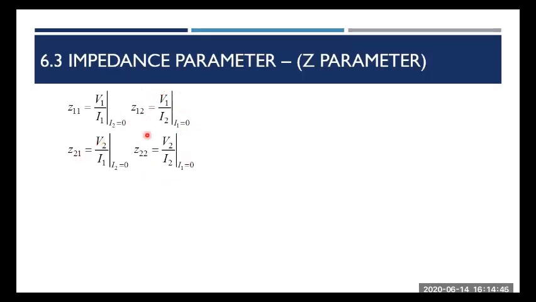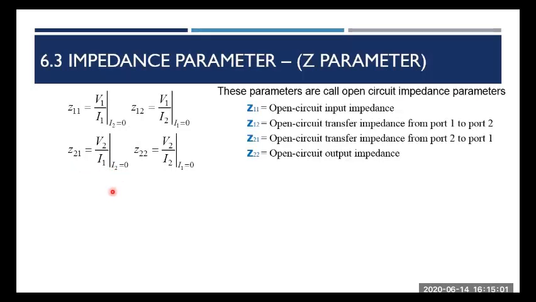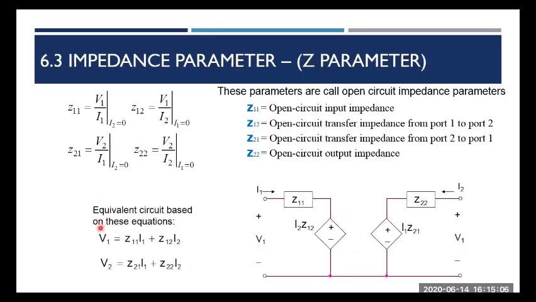Please do not memorize this one, because this is actually from the terminal equation: V1 equals Z11 I1 plus Z12 I2, and V2 equals Z21 I1 plus Z22 I2. So this is your terminal equation just now. Arranging this by setting either I1 or I2 equals to 0, you get this equation.